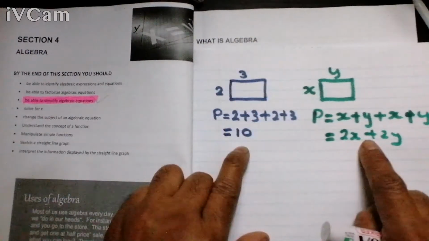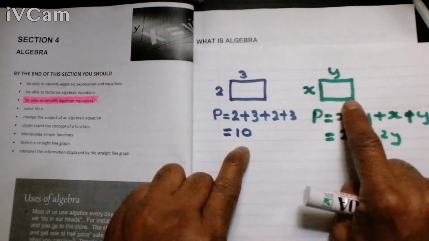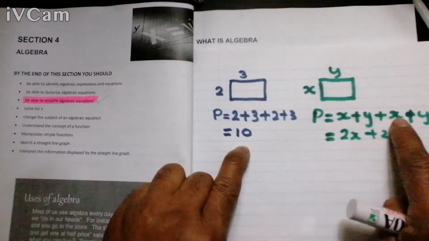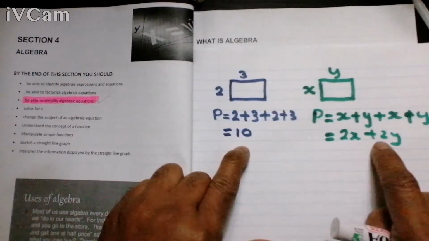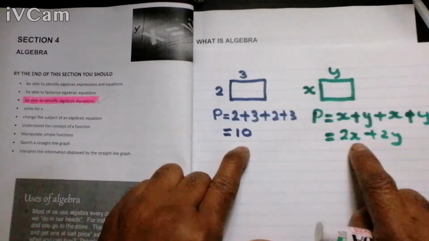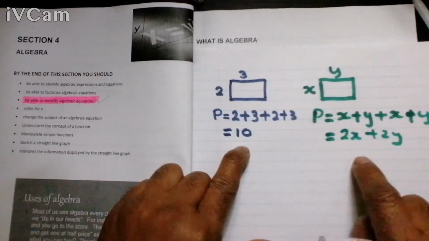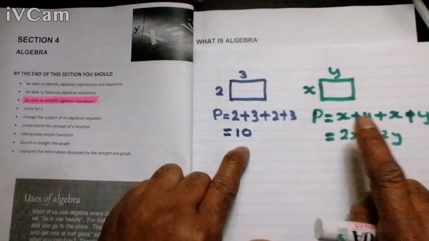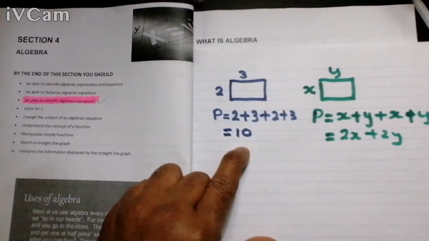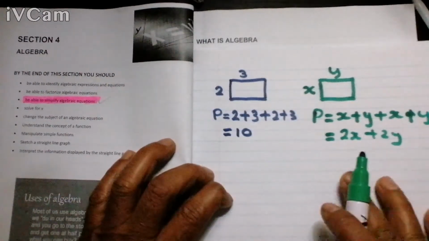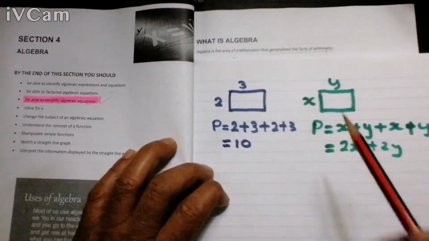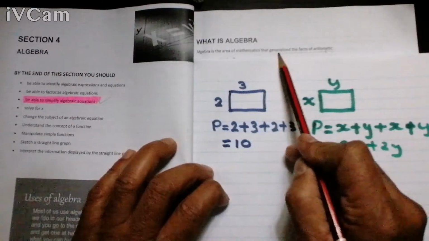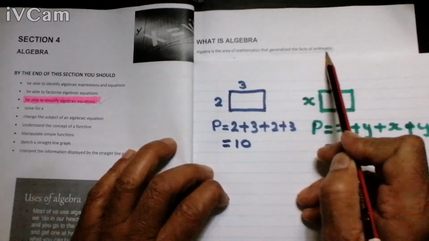But I have described all of your rectangles by this one algebraic expression, which can be evaluated further, and depending on the values of x and y, we can find the perimeter of each one of your rectangles. So that is what is meant by this word here. It generalizes the facts of arithmetic.